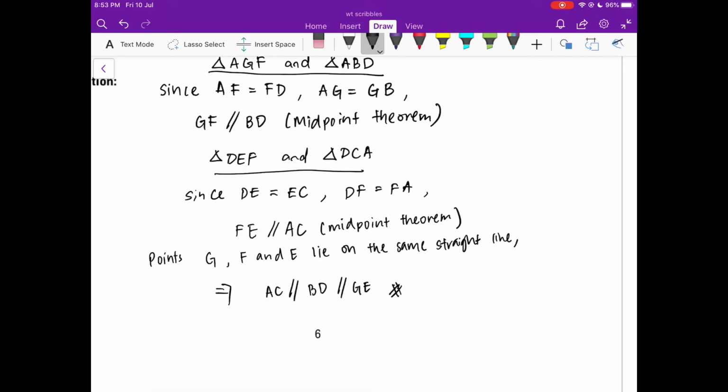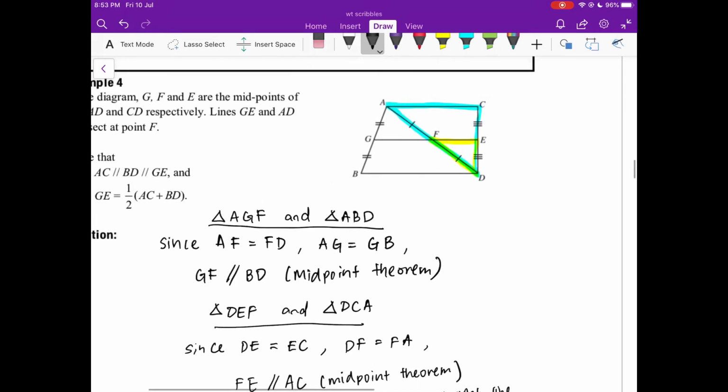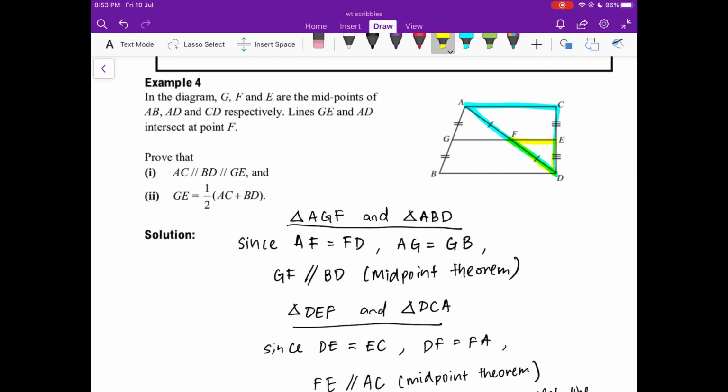Next, part 2. The question is asking for GE to be half the length of AC plus BD. So GE, let me highlight for you the line GE. GE is half the length of AC plus BD, and we're talking about these two lines. How do we go about proving this?